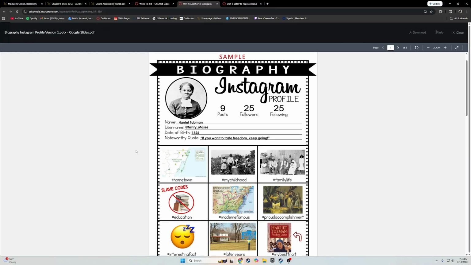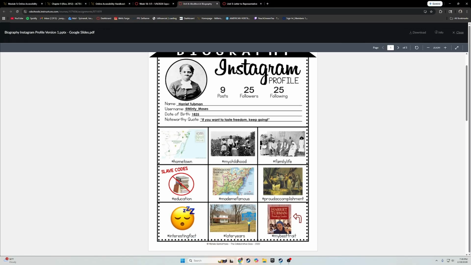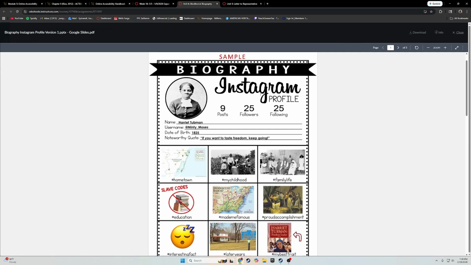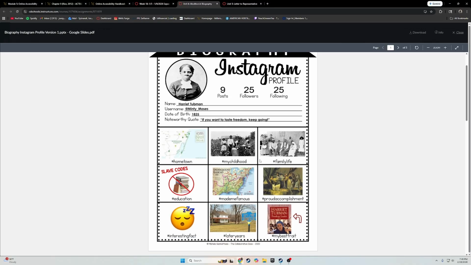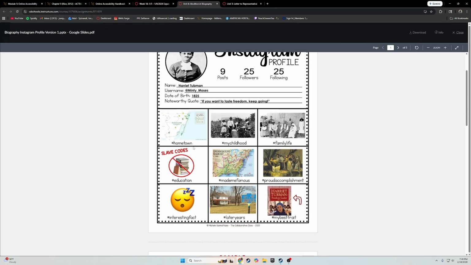I always say, obviously it's going to be blank. I did Harriet Tubman. For their first page, it's the illustrations, where they're going to choose 9 different characteristics about their life from birth to death, the most important things about their life. Kind of making it similar to what they've seen: posts, followers, following, hashtags and things like that.